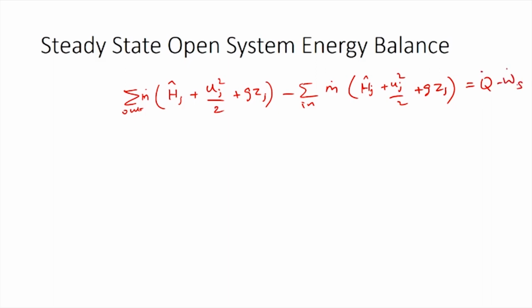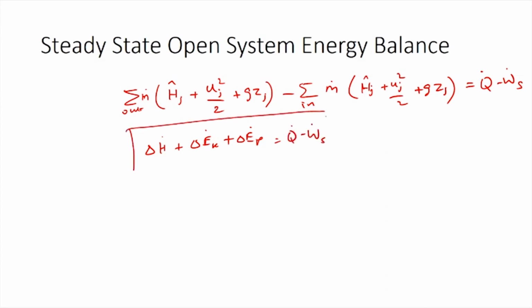From here we can simplify this equation as delta H dot plus delta E k dot plus delta E p dot equals q dot minus W s dot. So, this is your equation for energy balances in an open system.